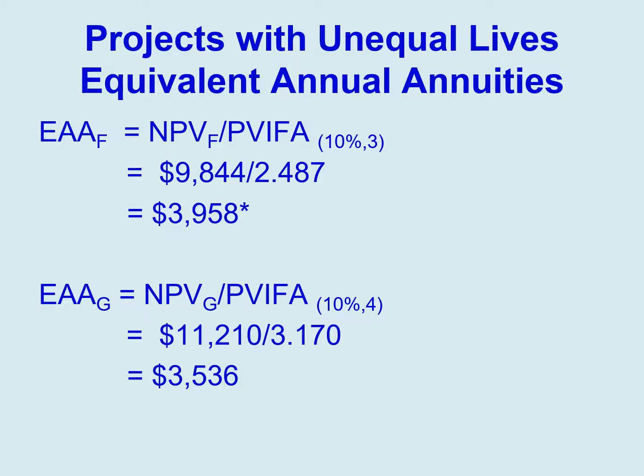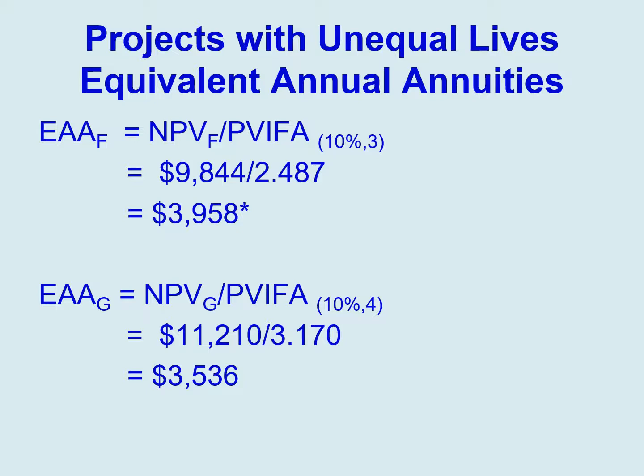So I take that NPV and divide it by the present value interest factor of an annuity at 10%, my cost of capital, for 3 years, because it's a 3-year project, right? That NPV is the result of a 3-year project. That interest factor, when you look it up in the table, is 2.487.